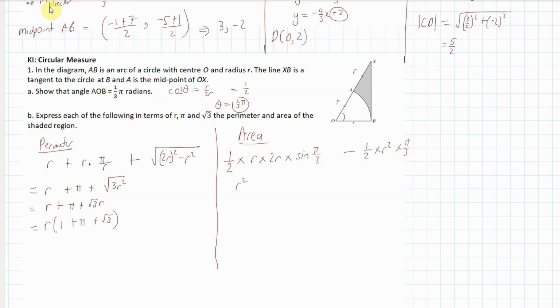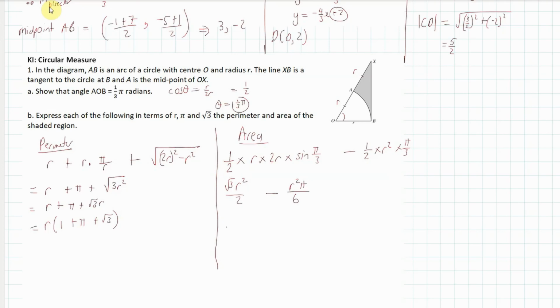Sine pi over 3, I should memorize this, shouldn't I really? Square root 3 over 2. So square root 3 over 2, because that half and that 2 cancel each other out. So that's the first bit. And then we're going to take away r squared pi over 6.